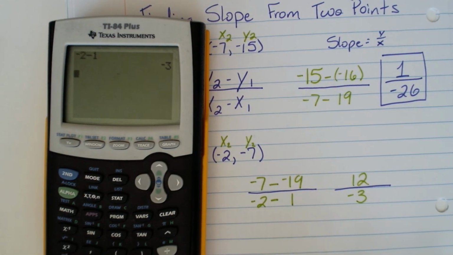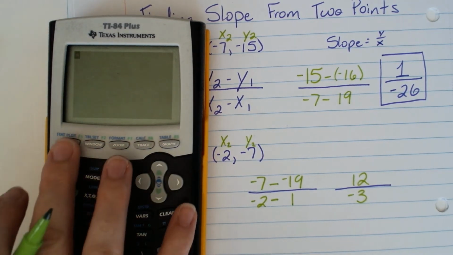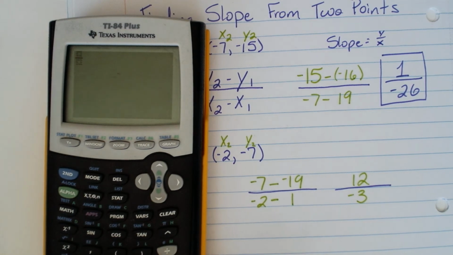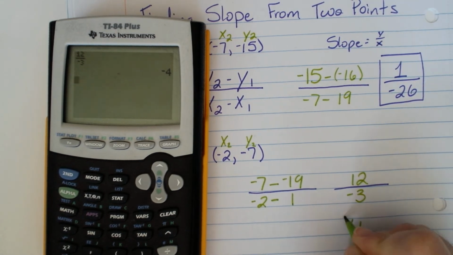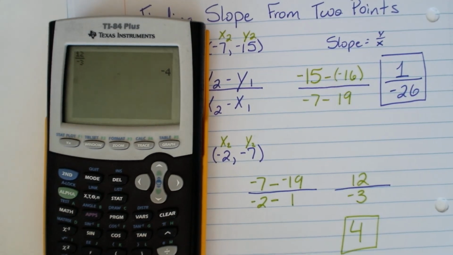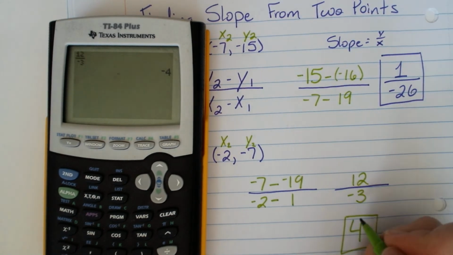Can I simplify that? It looks to me like I could simplify that. So I'm going to put that in my calculator. I'm going to do alpha y equals for fractions. And I'm going to do 12 over negative 3. When I hit enter, it's going to simplify it for me. My slope for those 2 points is negative 4.